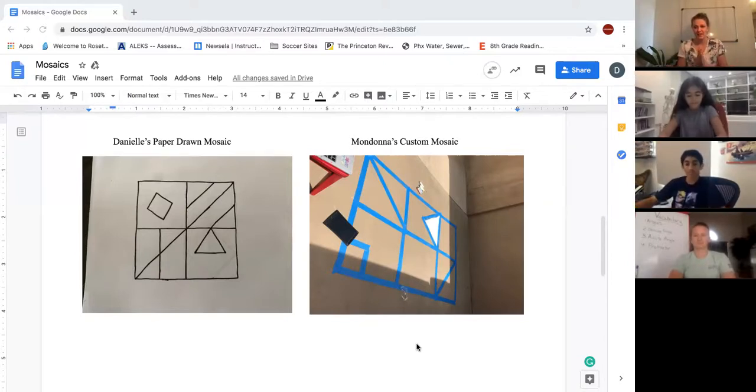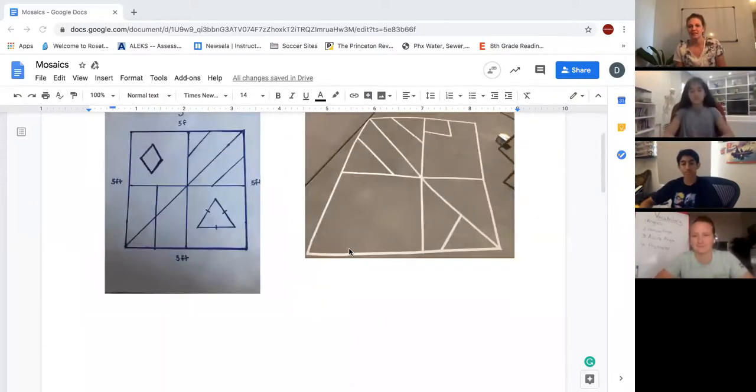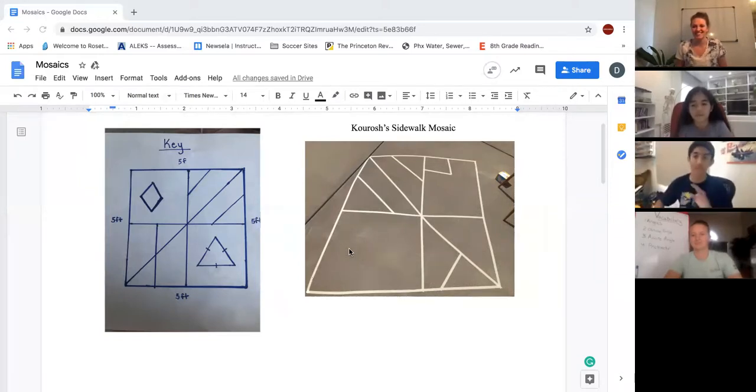All right. My next question is for Karosh. So let's go ahead and scroll back up to his for a second. Very nice. All right, Karosh, can you tell us where in your mosaic we could find a quadrilateral? A quadrilateral shape is any shape that has 4 angles. So actually not a triangle.